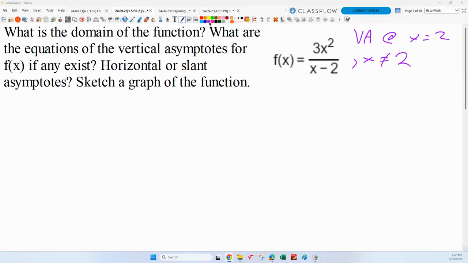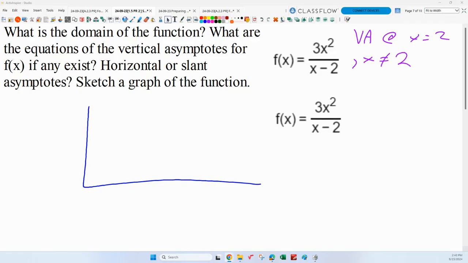So then let's do this synthetically. Let's remind ourselves how that works. To simplify this quotient, what goes out front? 2 goes out front. Not negative 2, 2. How come? Because what goes out front? The zero of the denominator.